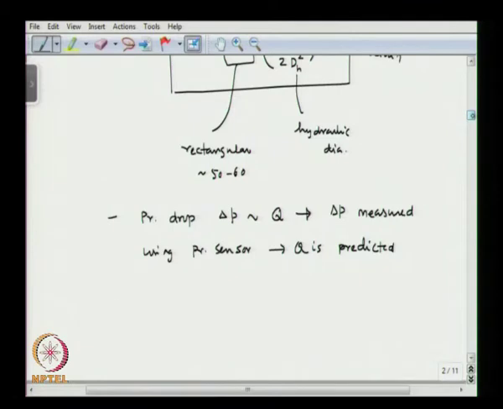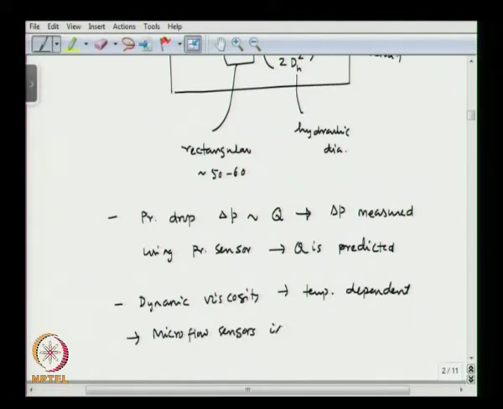So, here the dynamic viscosity is temperature dependent. So, the microflow sensors are integrated with temperature sensors for compensation, okay.